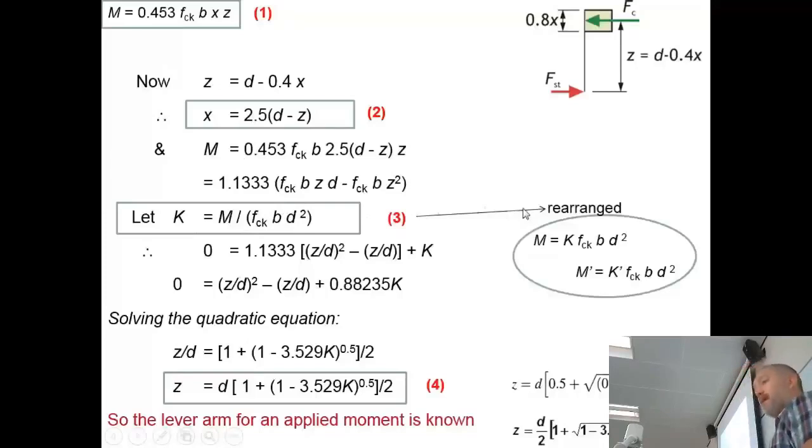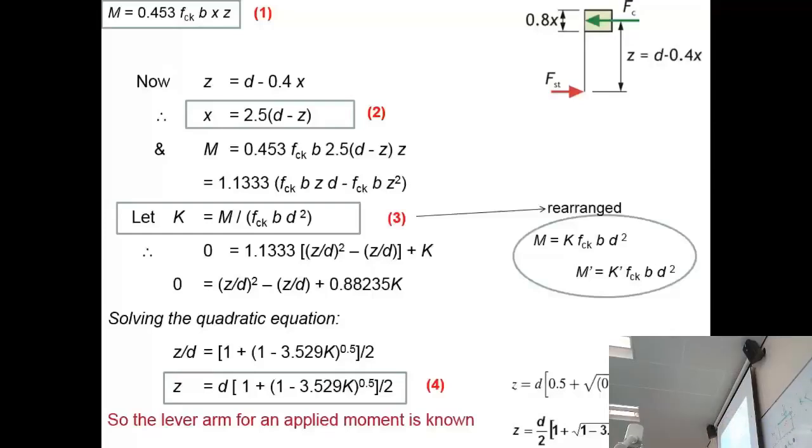What does the K stand for? K will be a factor that will determine whether something has to be, so from K, you find it will help you determine whether it has to be singly reinforced, that's single bars in the bottom, or doubly reinforced, where you have them in both the top and the bottom.